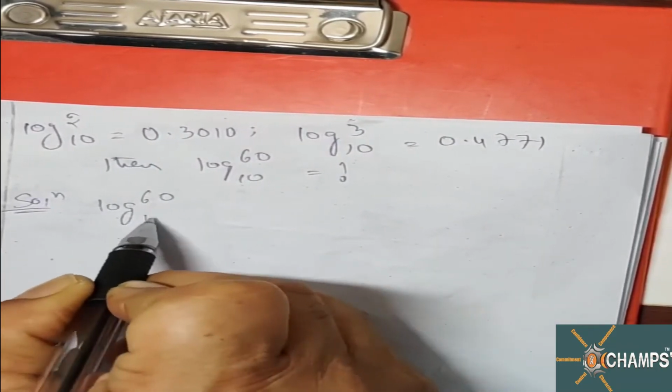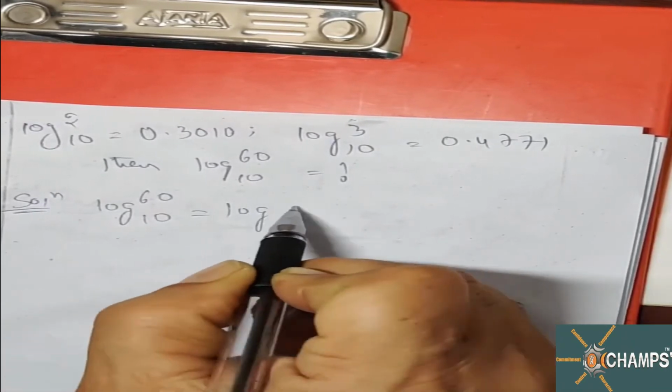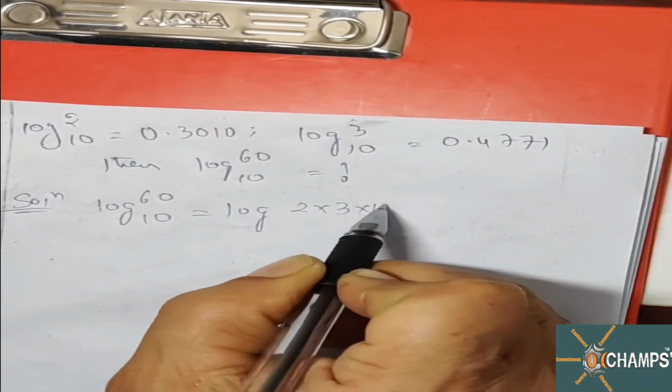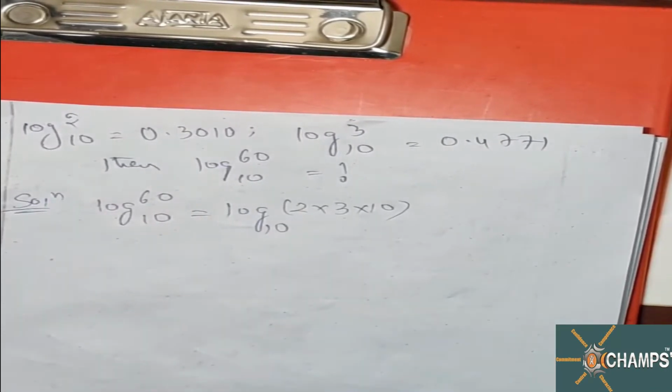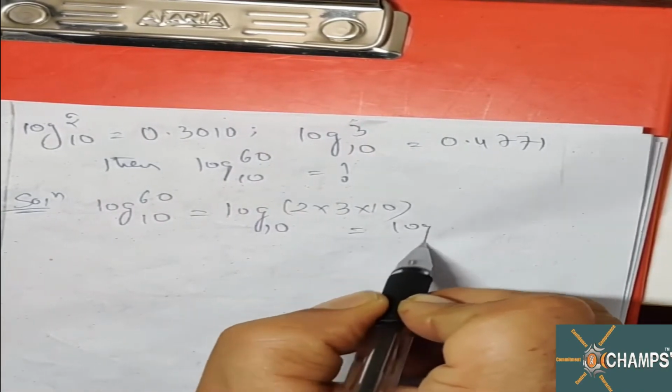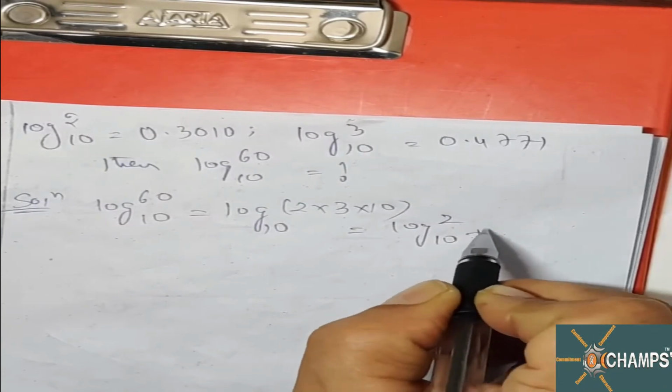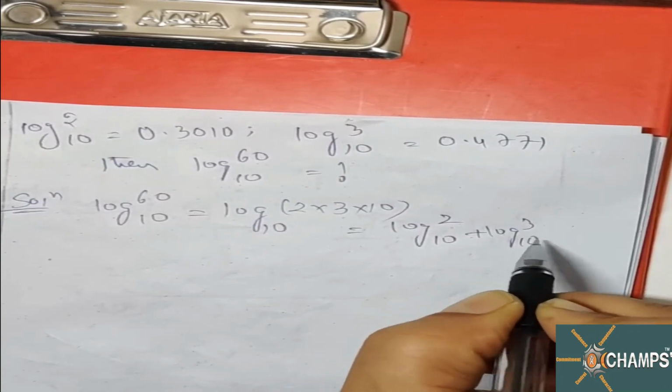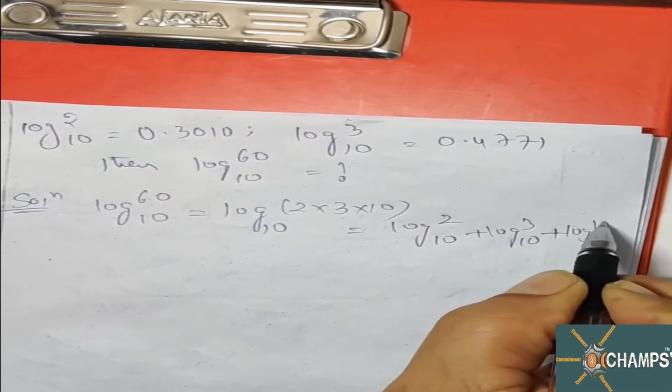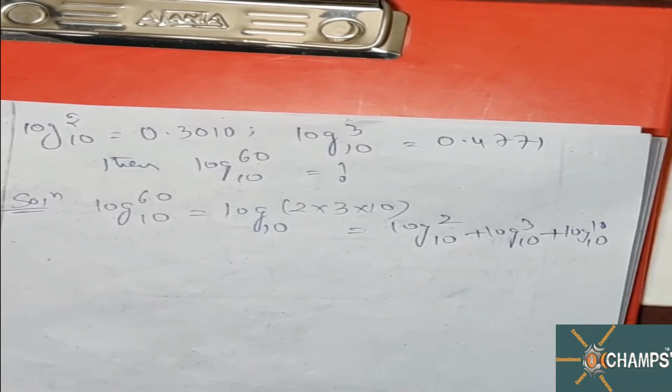Log 60 to the base 10 can be written as log 2 into 3 into 10 to the base 10. Log 2 to the base 10, log 3 to the base 10, log 10 to the base 10.